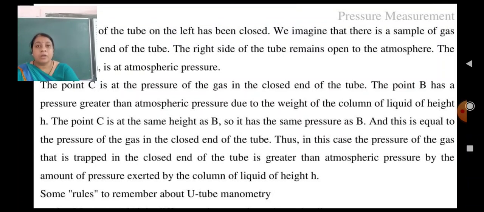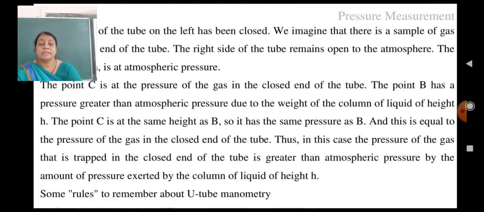Now the top of the tube on the left has been closed. Which is on your left side, you have to close that tube. We imagine that there is a sample of gas in the closed end of the tube.